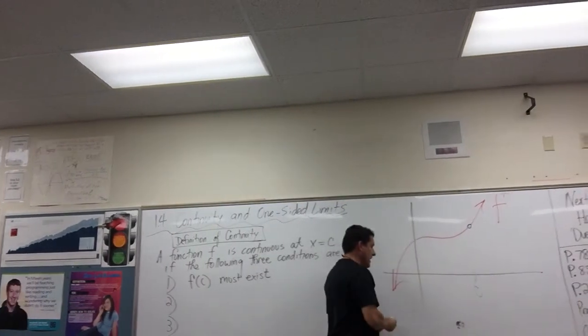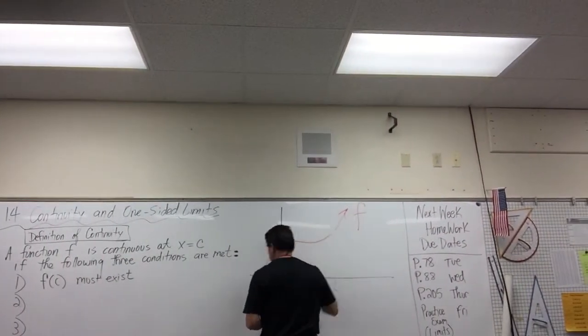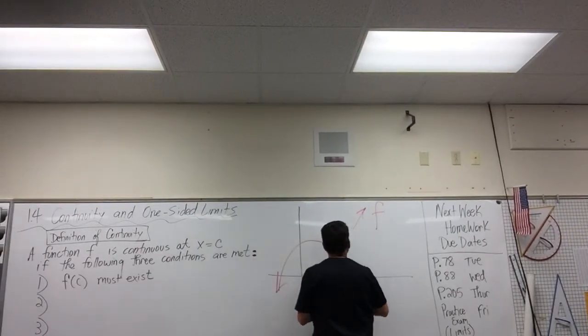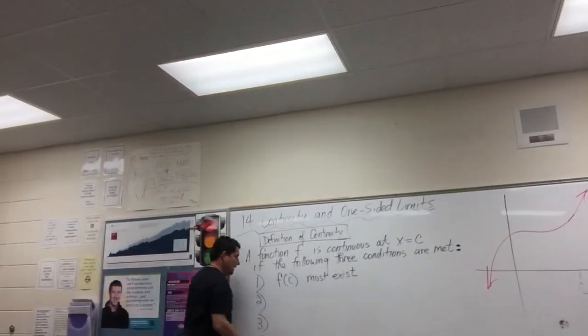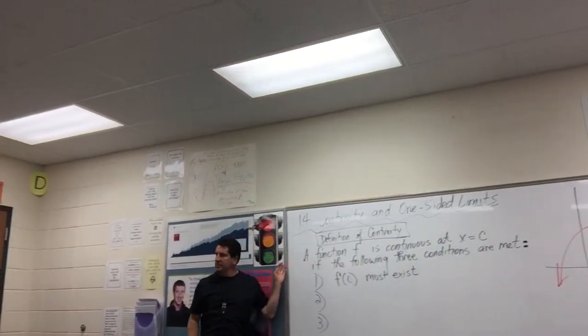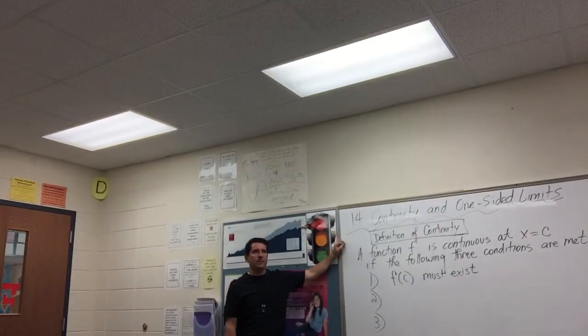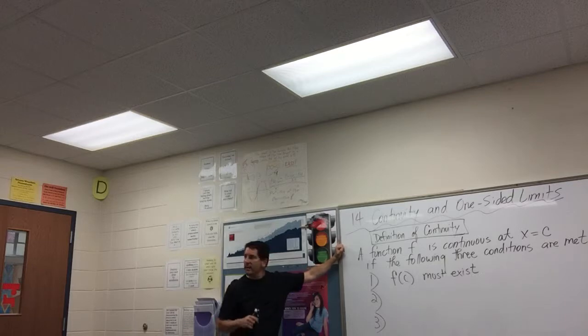Okay? So that's our first rule, that this has to happen. That's our criteria. Okay? Can you think of another criteria that must happen if the function is going to be continuous at this x value?